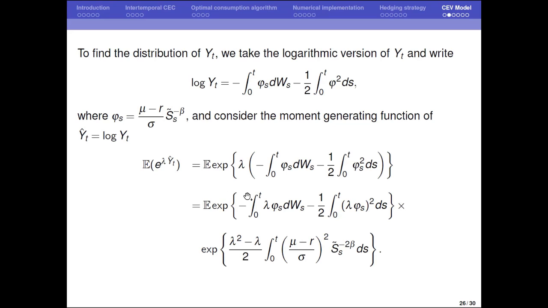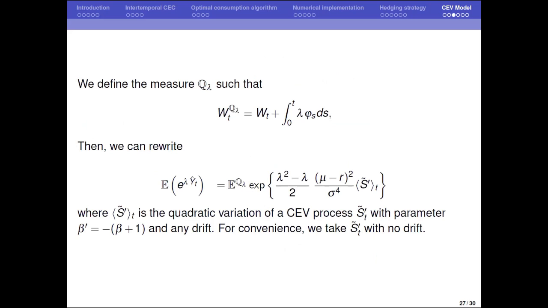And that Q measure, we name it the Q lambda measure, because it depends on lambda, and the parameter is nothing else than lambda times the Sharpe ratio. So we can rewrite the moment generating function as the expected value under the new Q lambda measure of what remains of our computations.